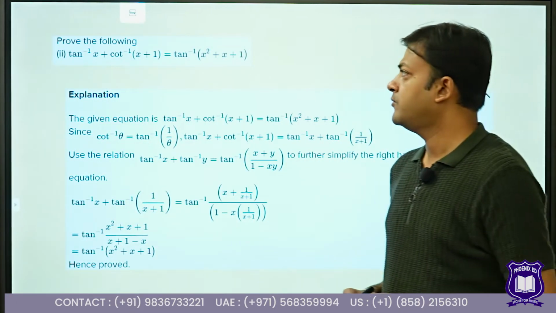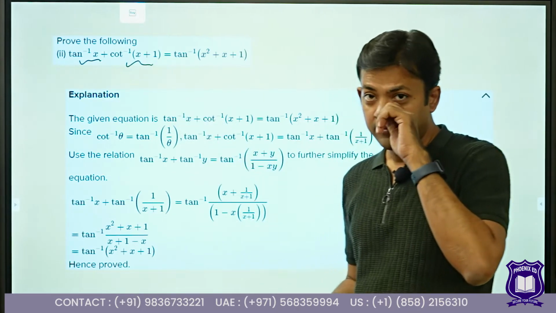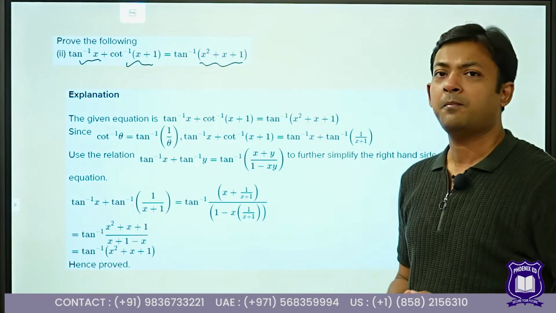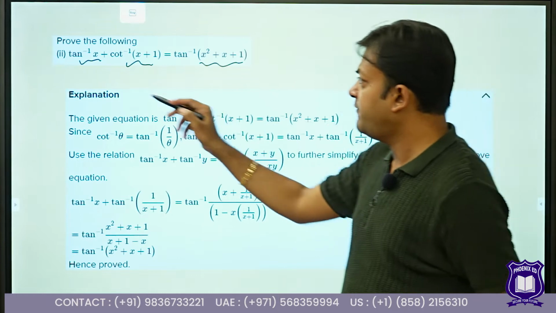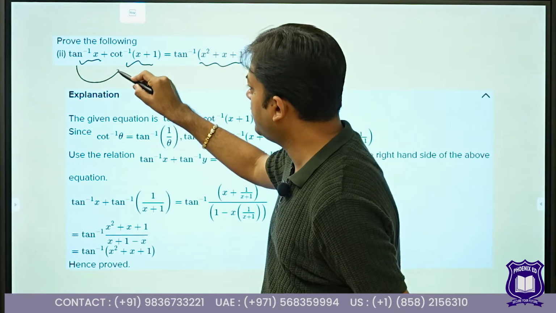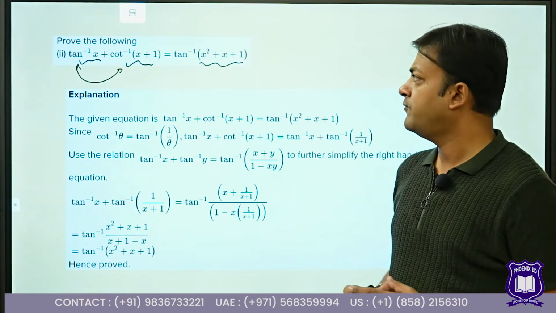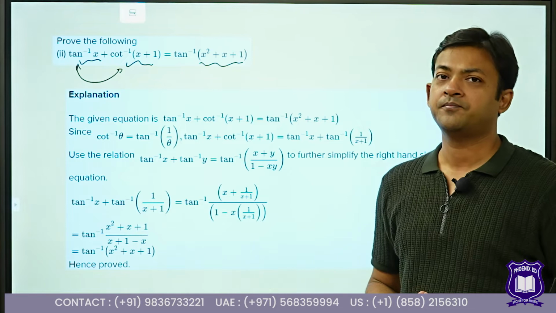In this problem, we need to prove that tan inverse x plus cot inverse (x plus 1) equals tan inverse of (x square plus x plus 1). Now, we first need to convert both these functions to a common form. I mean, we need to have the same trigonometrical ratio for both of them.